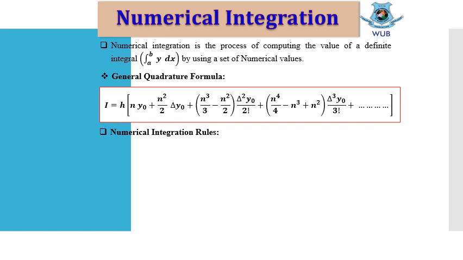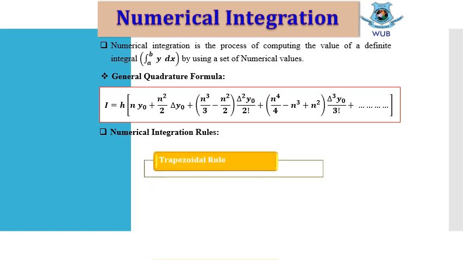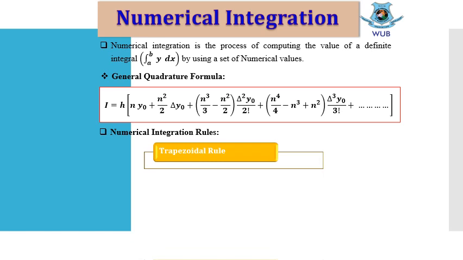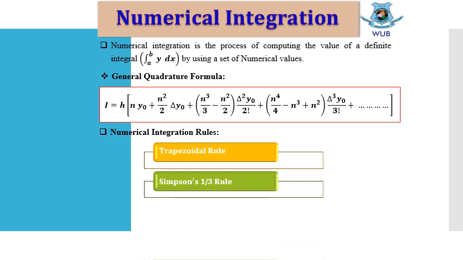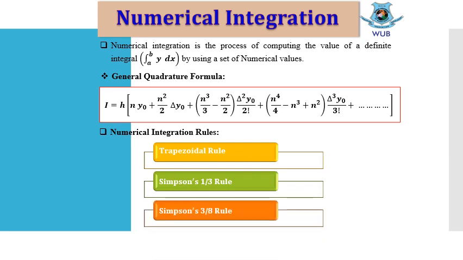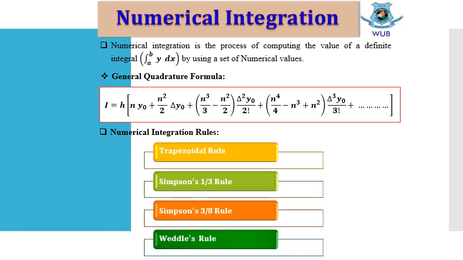Now, numerical integration rules. There are some rules for integration. One is the trapezoidal rule, one is Simpson's one-third rule, another one is Simpson's three-eighths rule, and also Weddle's rule.